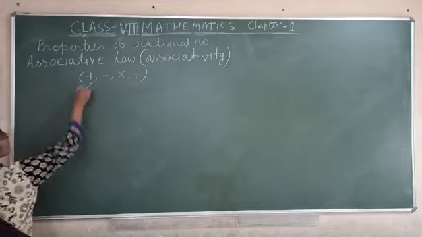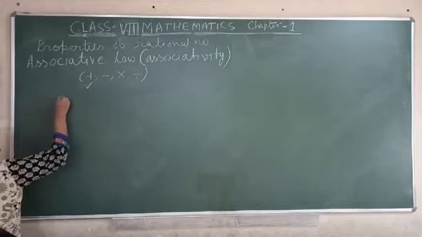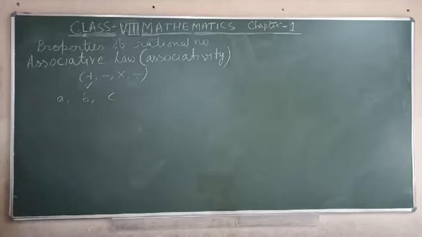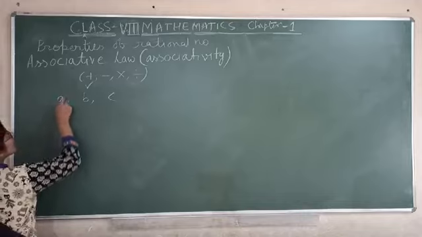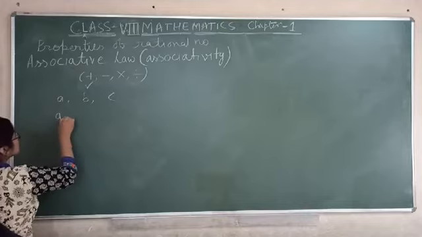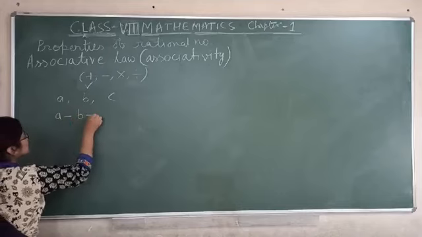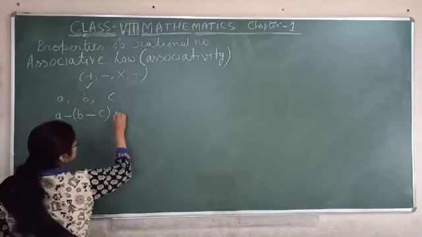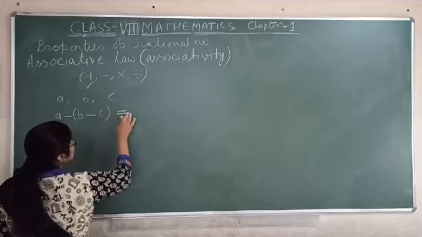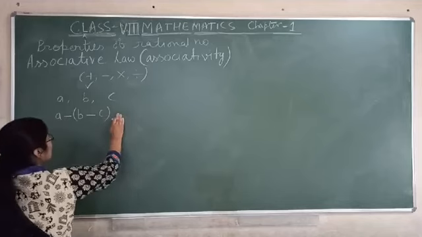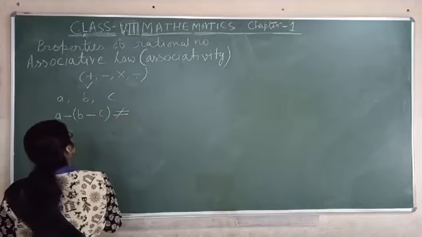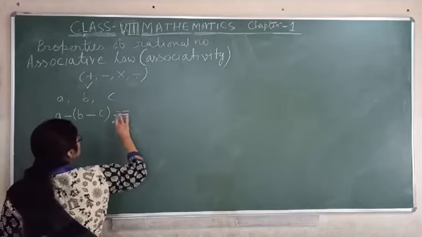So look, A, B and C are three rational numbers. For the associative law of subtraction we have to write A minus B minus C, like that. If this law is applicable, it will be equal, and if it is not applicable, it will not be equal here. So let's check.